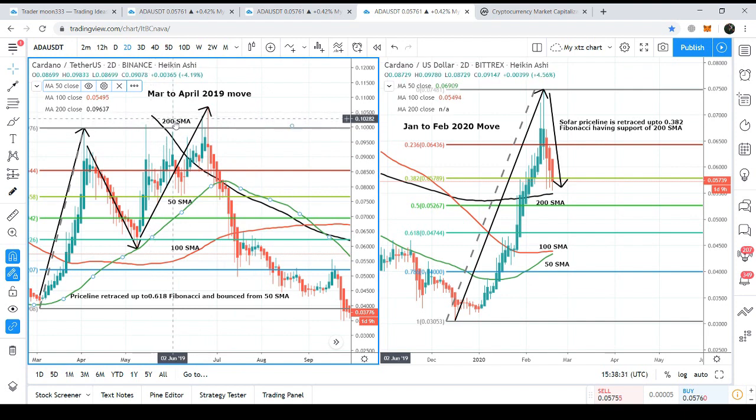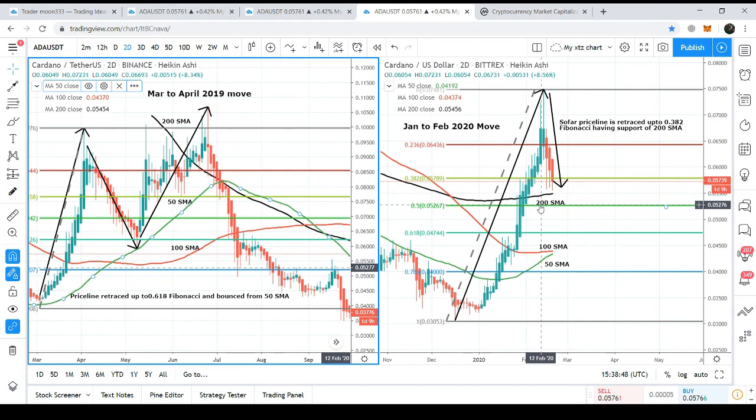Even the 200 simple moving average was moving down, at a very far distance from the price action. But this time we have a 200 simple moving average support, which is a very strong support between 0.382 and 0.5 Fibonacci.